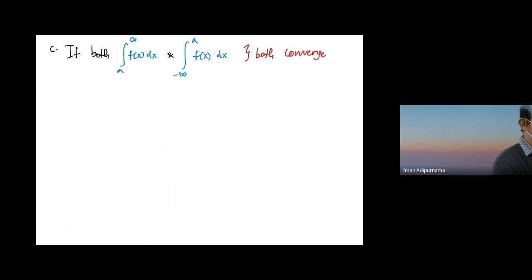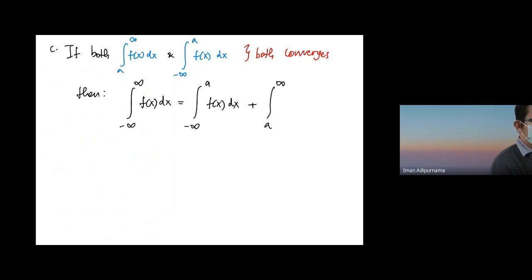The next one is, if both integrations from a to infinity, and we also have these two, both converge or are convergent, then you can take this into two integrations and we can take the limit for each integral.